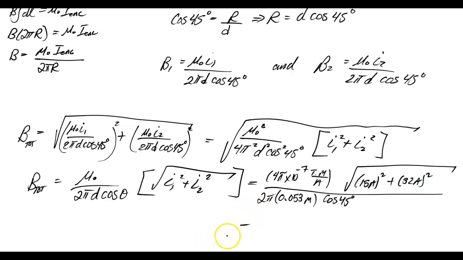And that gives us a total magnetic field of about 1.89 times 10 to the minus 4 Teslas.